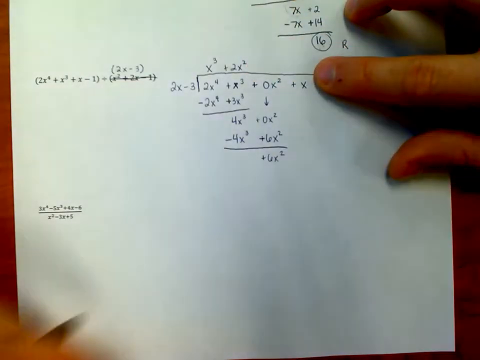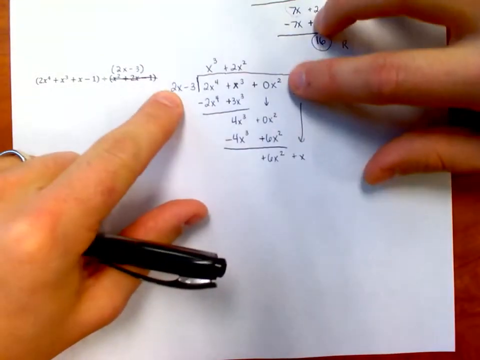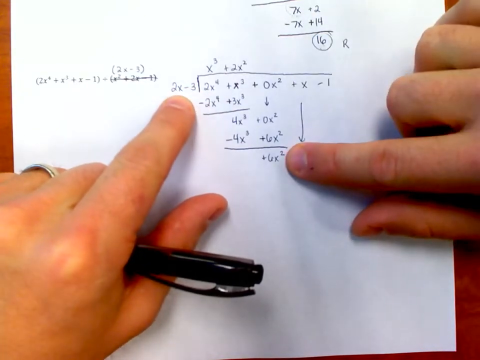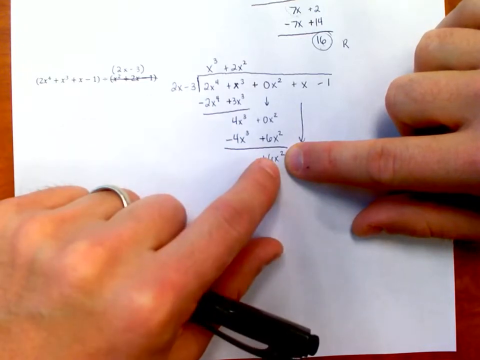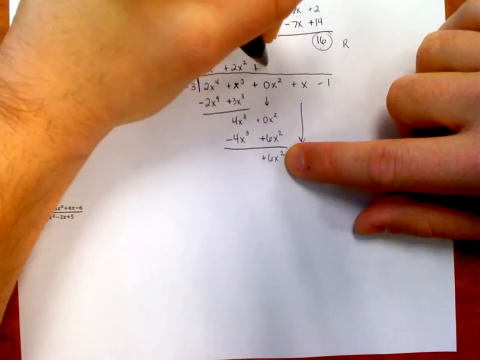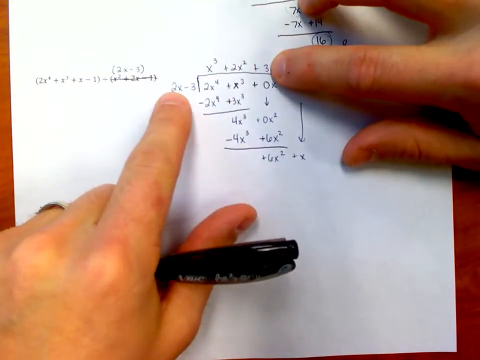I drop the positive x. I repeat the process. Does 2x, ignore the negative 3, does 2x go into 6x squared? It does. 2 goes into 6 3 times. X to x squared, I need an additional power of x. So I've got a 3x. Distribute out. 3x times 2x. 3 times 2 is 6.